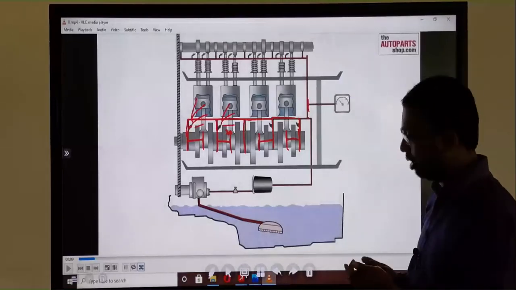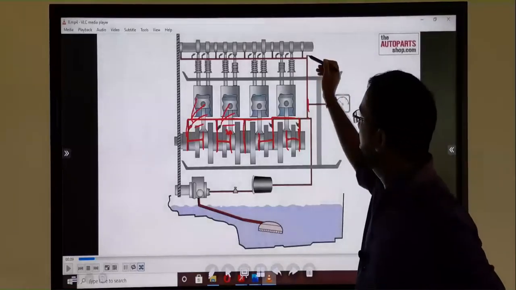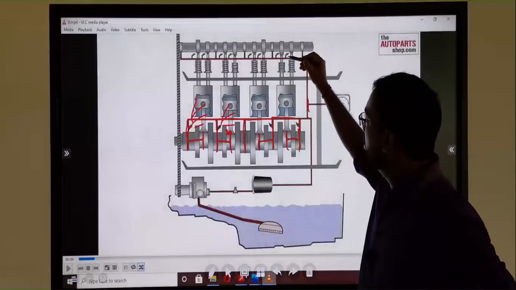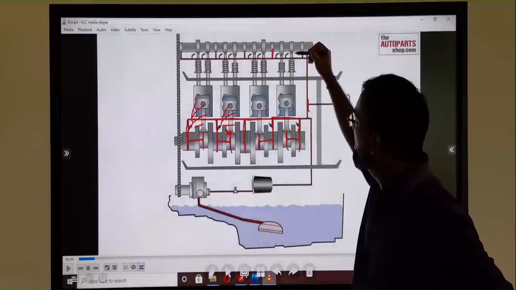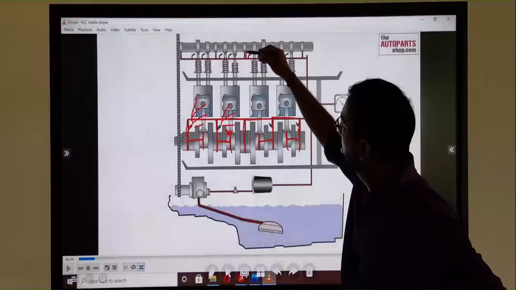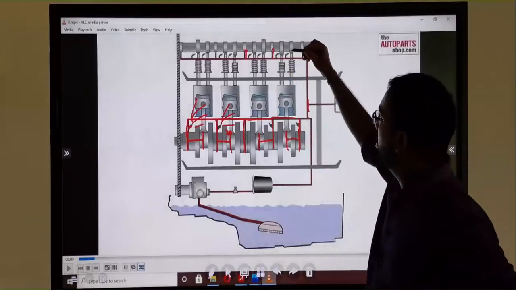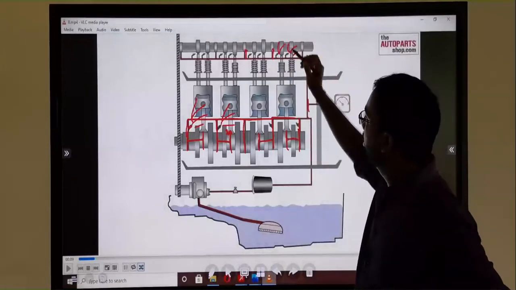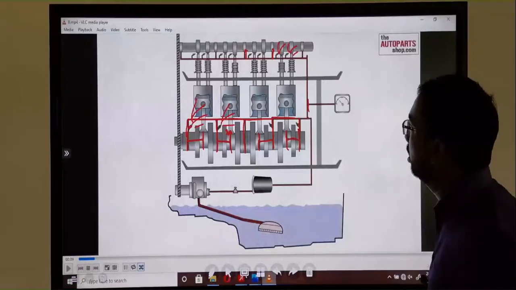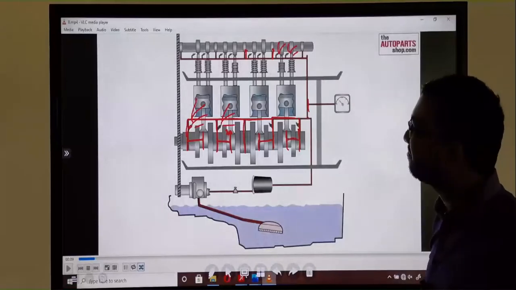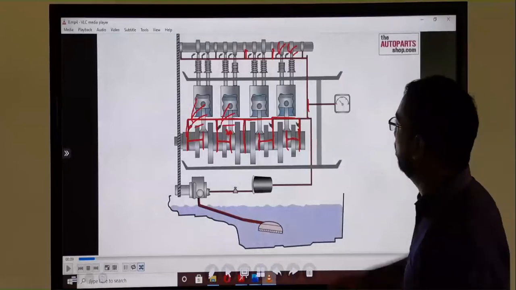The oil enters here, and this sprout also sprays the oil.